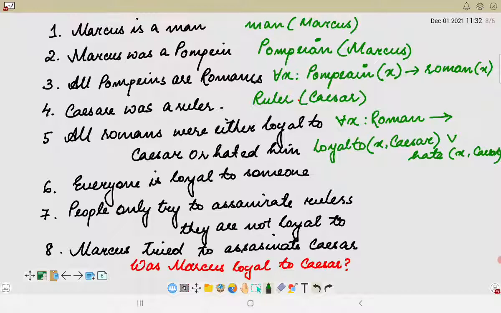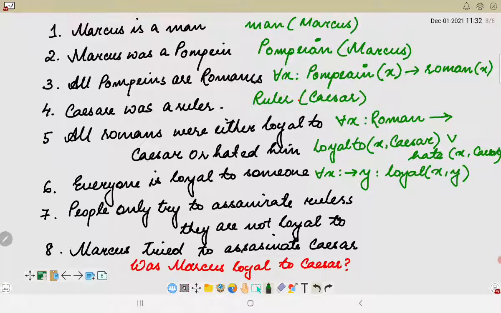The next one is that everyone is loyal to someone. Here we have two different terms or subjects, which is everyone and someone, and loyal to is the predicate. So for all x, where x is everyone, if we are considering y, then x is loyal to y.